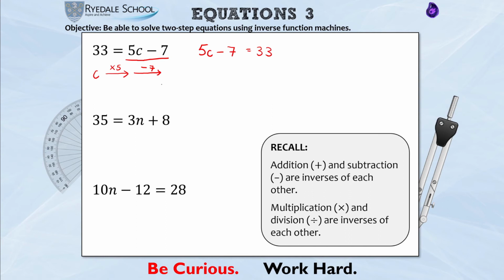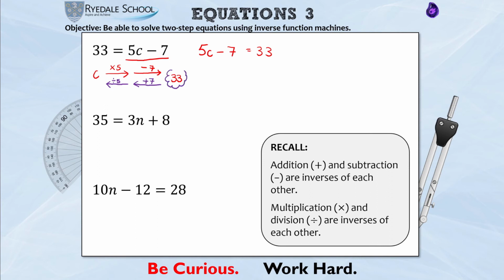What is the inverse of this? Well, the inverse of subtract 7 is add 7. And the inverse of times by 5 is divide by 5. So our answer was 33. Let's work this one backwards using our inverses.